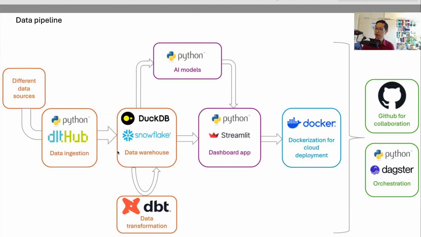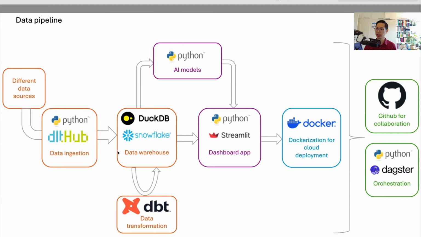So why should you use this modern data stack instead of just a traditional stack, or a stack where you will be in the cloud and you have everything in one place? That is because when you develop this locally, first of all, it's free of charge.